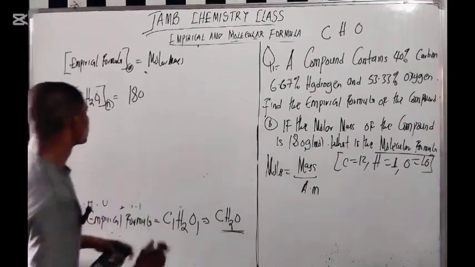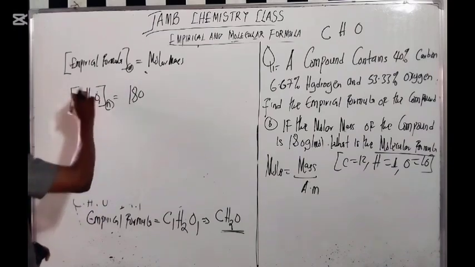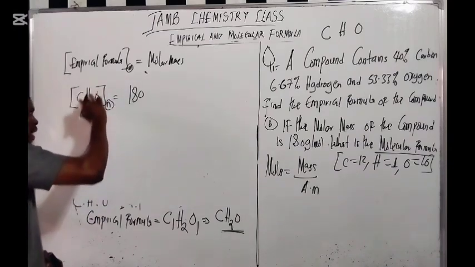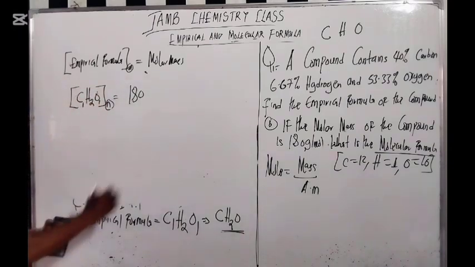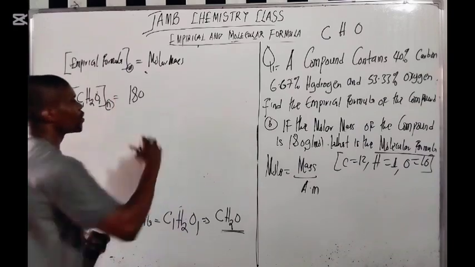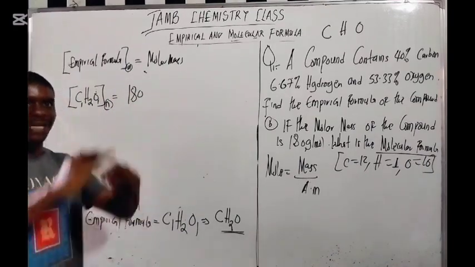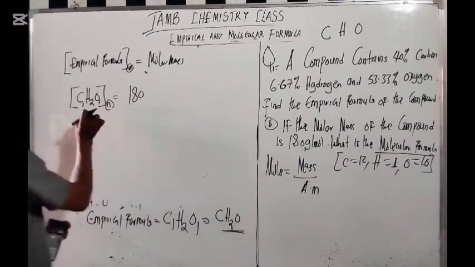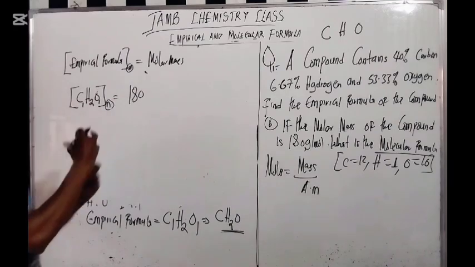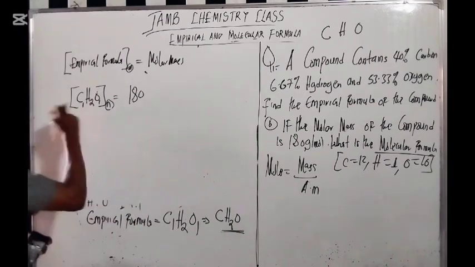Do you understand? So now let's calculate the molar mass of this empirical formula here. This is the molar mass of the molecular formula, of the entire compound. But my empirical formula also has its own molar mass, right? So let's calculate it here.